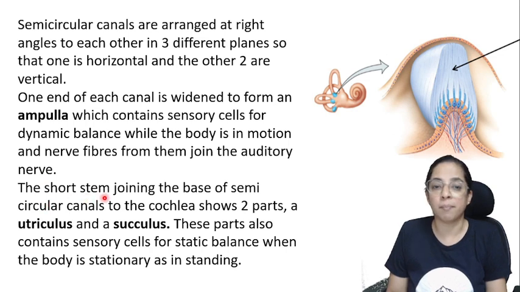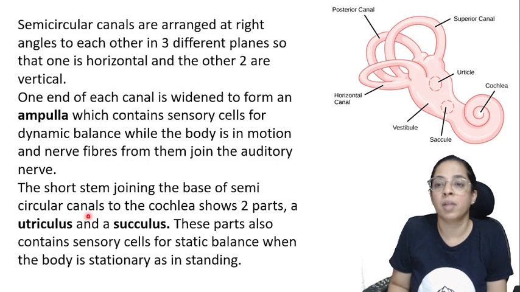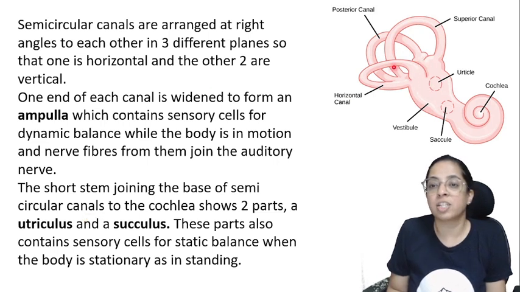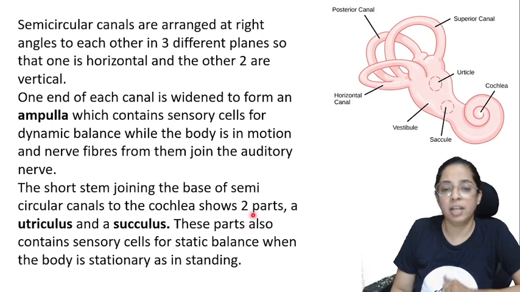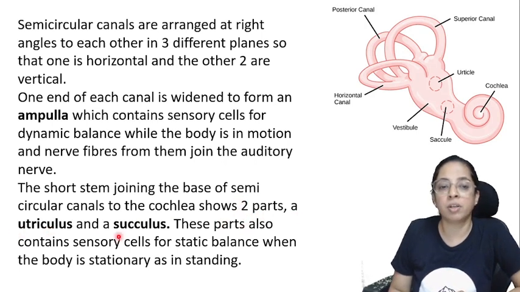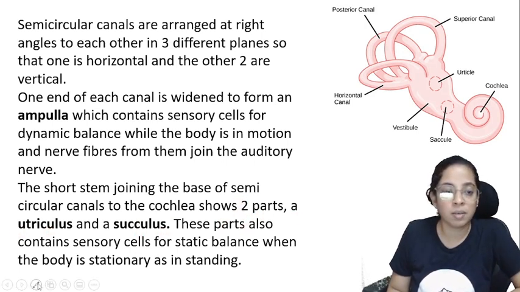The short stem that is joining the base of semicircular canals. Can you see this diagram? This is the short stem that is joining these semicircular canals to the cochlea. So this stem has two parts, a utriculus and a sacculus. Okay, so this is a utriculus.